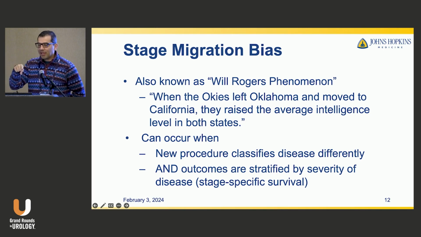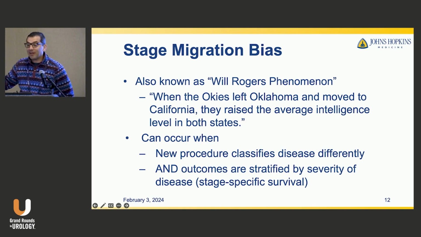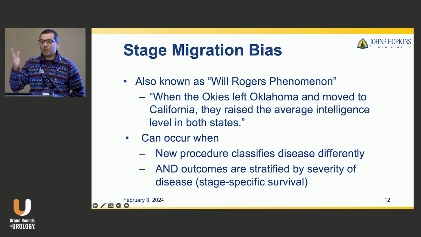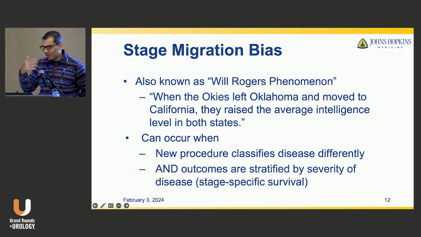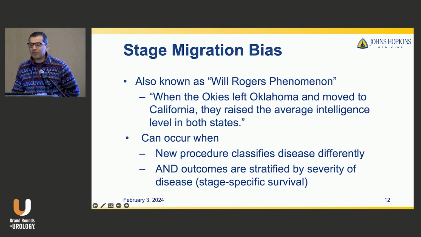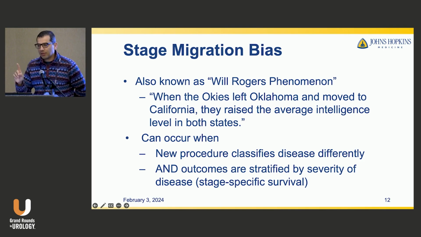So you take out the positive lymph nodes from one group and make the survival better, and you put these better survival, smaller lymph node patients into the bigger lymph node group, and you make the survival of that group better. And all of a sudden, just by reclassifying patients, you can say that your intervention was a better intervention, but it's really a bias of classification.